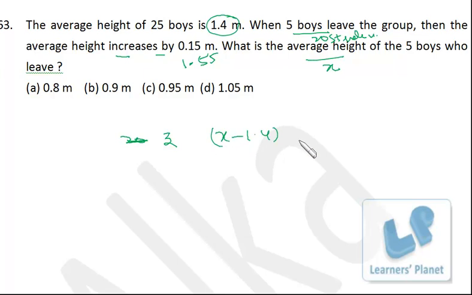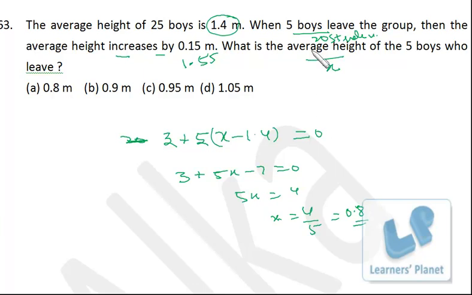Since there are 5 students, the total deviation is 5x minus 7. Now the sum of all the deviations must be 0. So 3 plus 5x minus 7 is equal to 0. So 5x is equal to 4, so x is equal to 4 by 5, that is 0.8. That is the average height of the 5 boys. Okay.